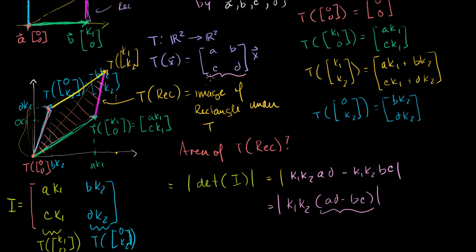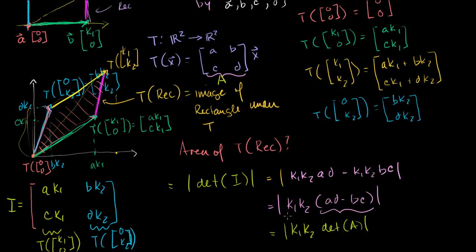So if we call our transformation matrix A, this is equal to K1, K2 times the determinant of A, which is a pretty interesting takeaway.